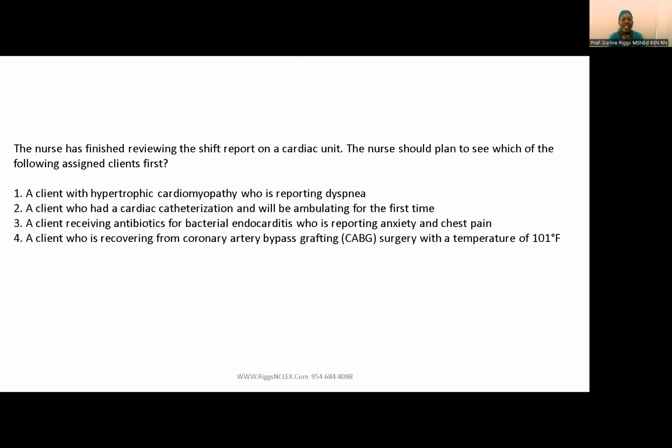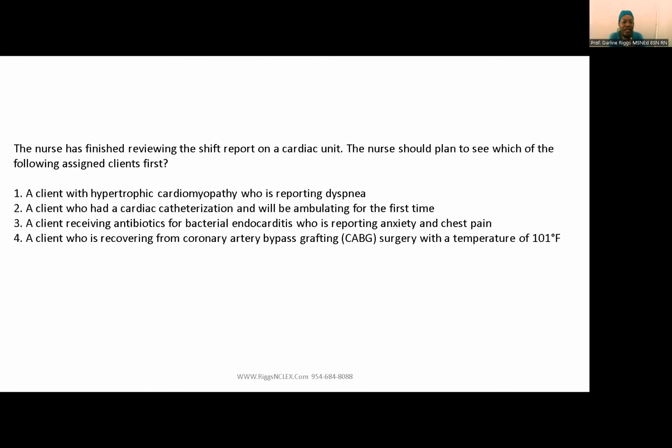The nurse has finished reviewing the shift report on a cardiac unit. The nurse should plan to see which of the following assigned clients first? A client with hypertrophic cardiomyopathy who is reporting dyspnea.